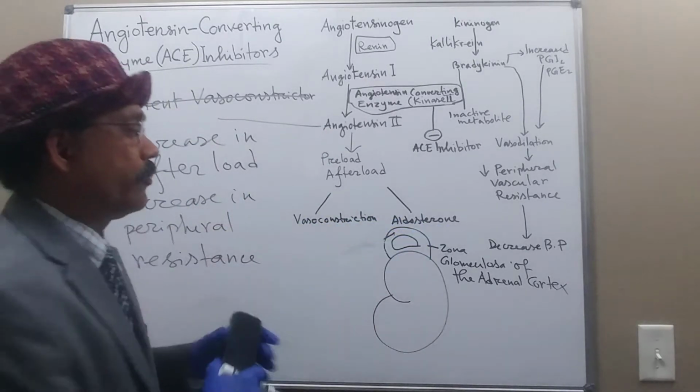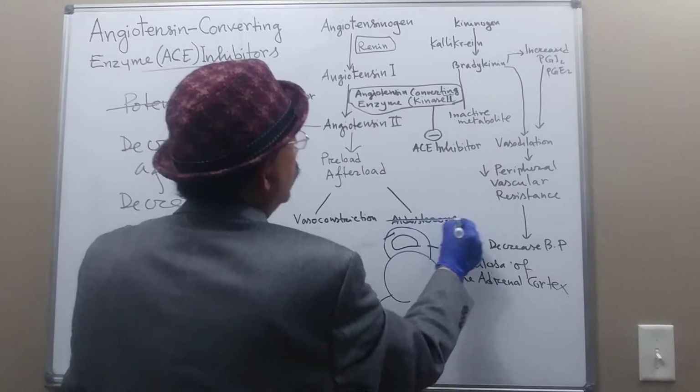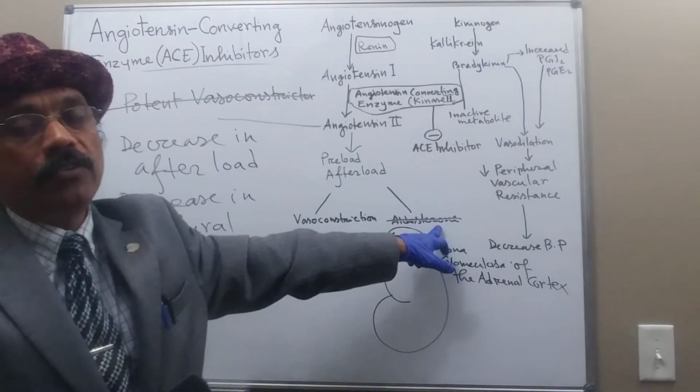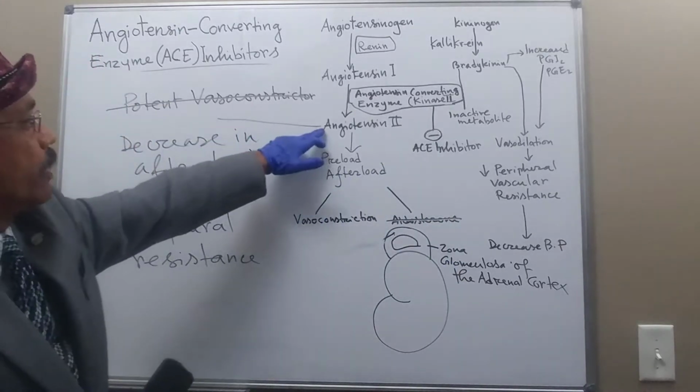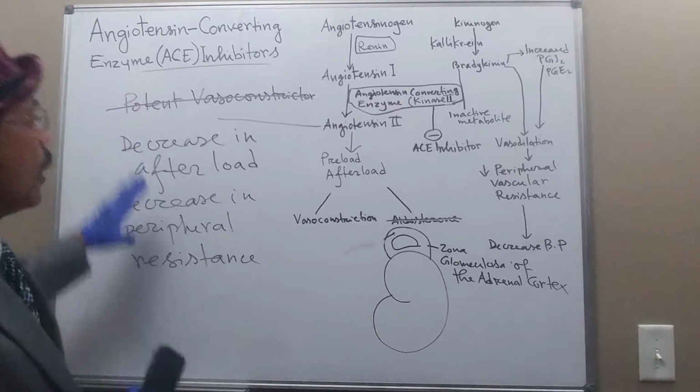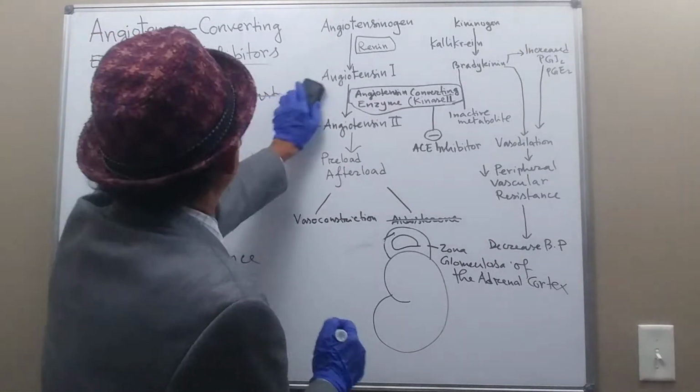It releases aldosterone. We can take out that. If you take out that, then there will be a decrease in preload. If you take out this, then we'll have a decrease in afterload. Okay, we got that.